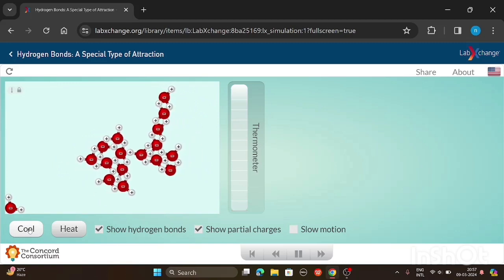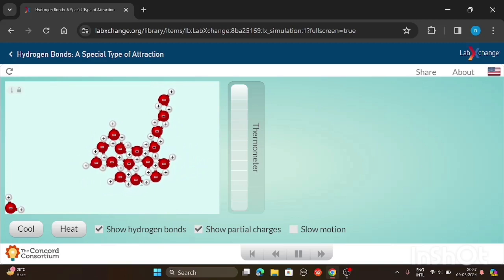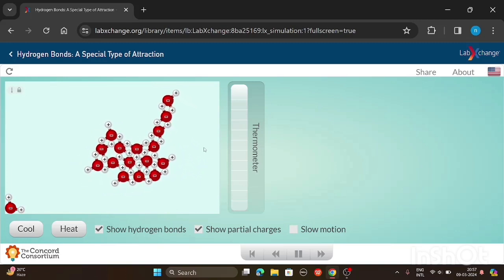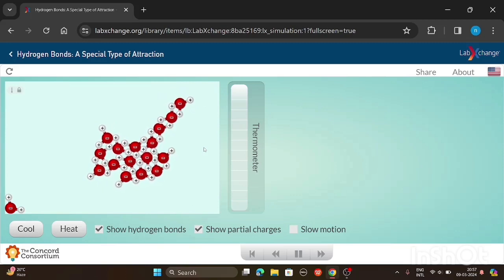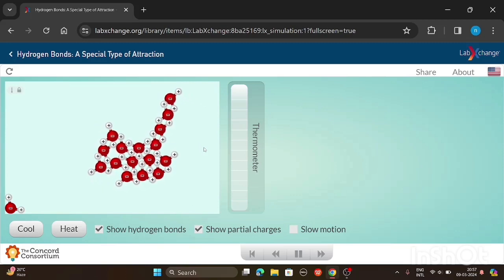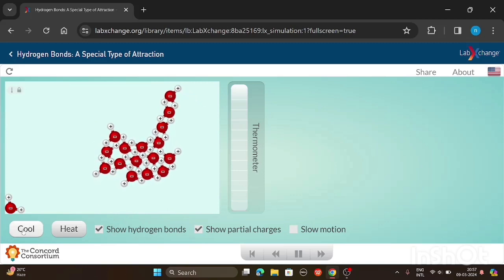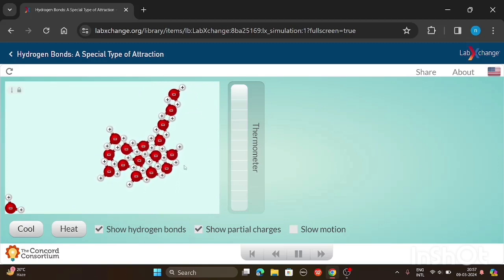We can see the formation of these hydrogen bonds. We can see these lines, and how they are combining with each other to minimize their energy. There is very little movement. We can cool it more. Now it has almost become stable. So this is how ice is formed.